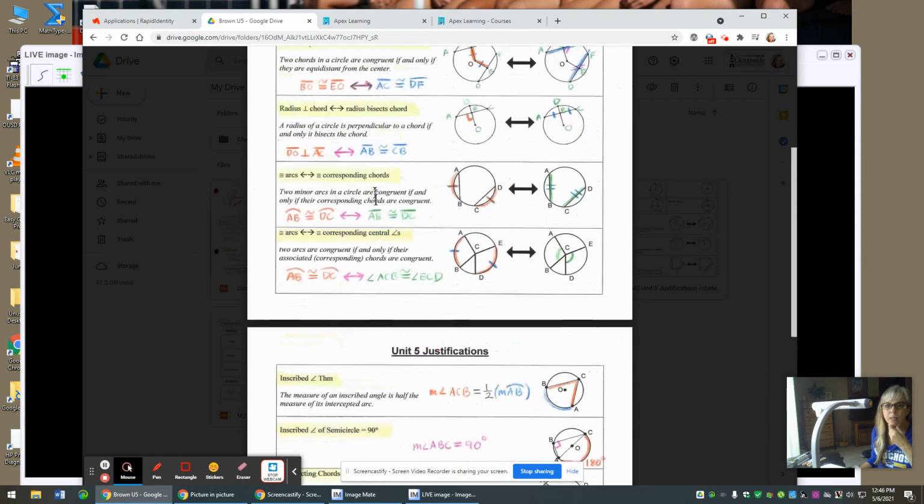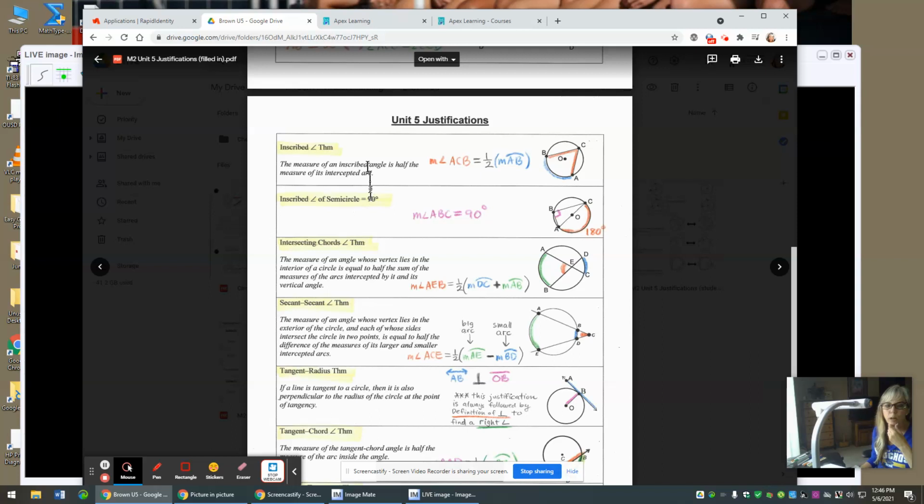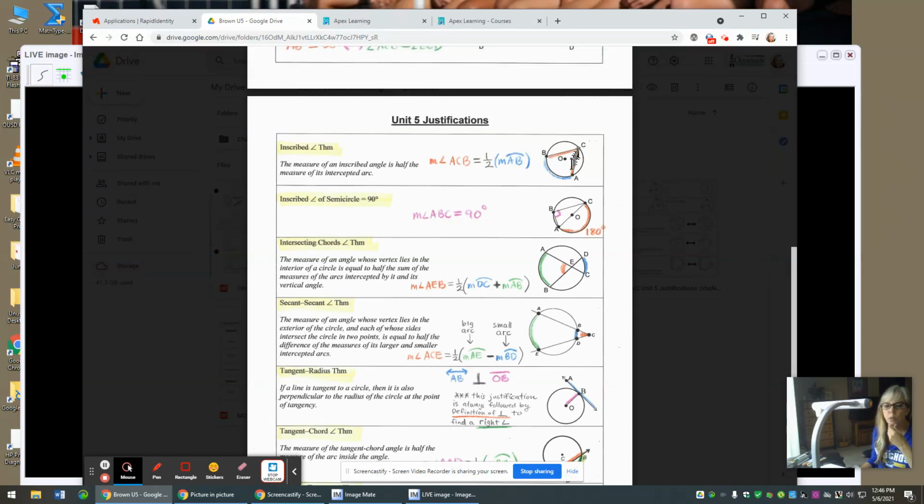So first of all, what's an inscribed angle? I was looking to see if they have it defined up here. They don't. An inscribed angle is 2 chords that share one endpoint. So we have chord BC and chord AC, and they share endpoint C, which has now become a vertex of an angle. That angle is inscribed in the circle.